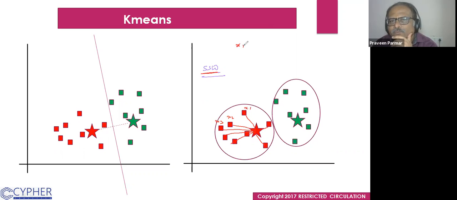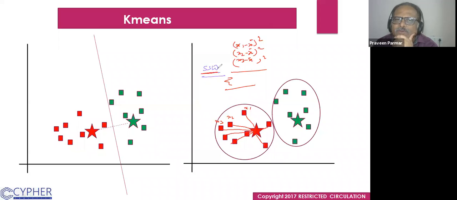So I will get x1 minus x bar, x2 minus x bar, x3 minus x bar. Got it? Then take the square of this, and then get the summation of this. That is the sum of square within.